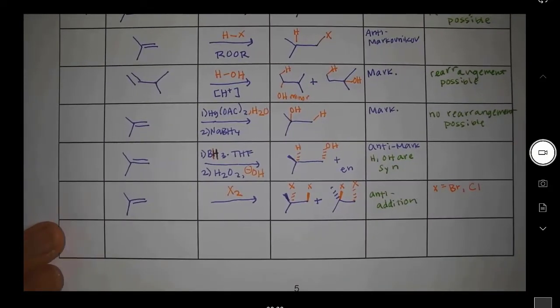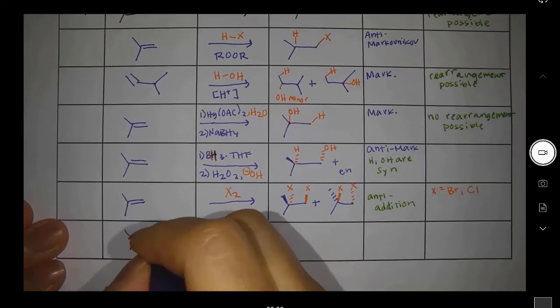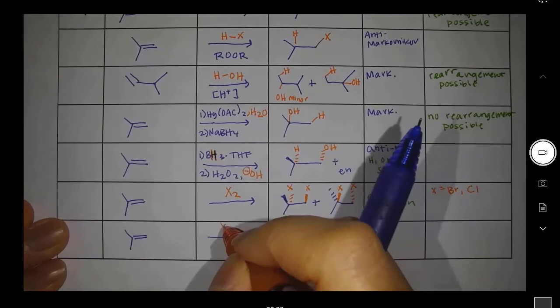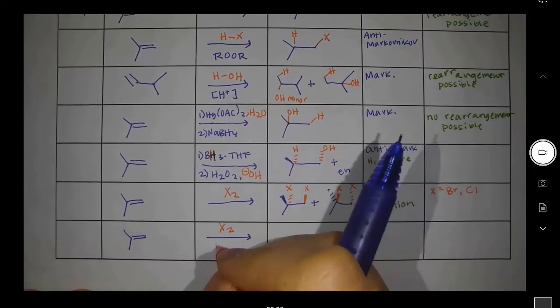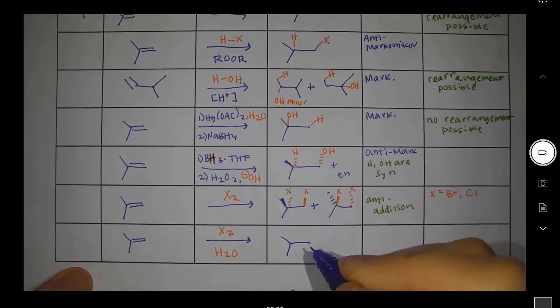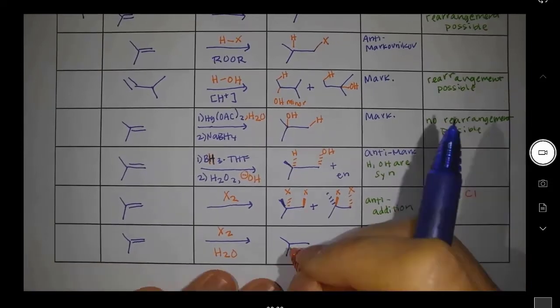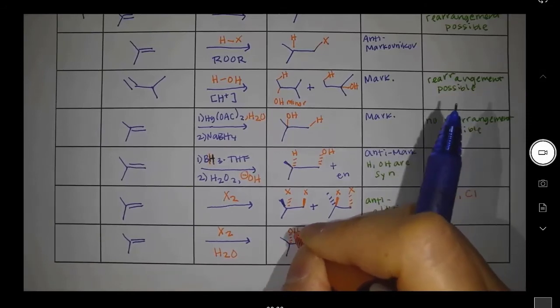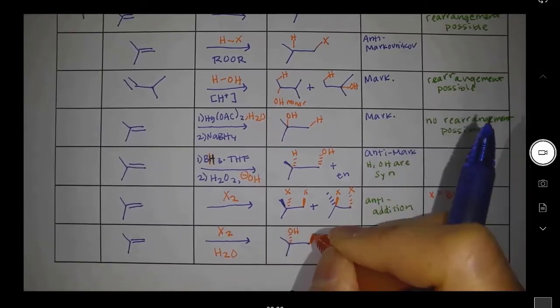And then the last one for this page is if you have that halogen in the presence of water. This is a halohydrin reaction. So the alcohol is going to go to the more substituted carbon. The halogen will go to the less substituted carbon.